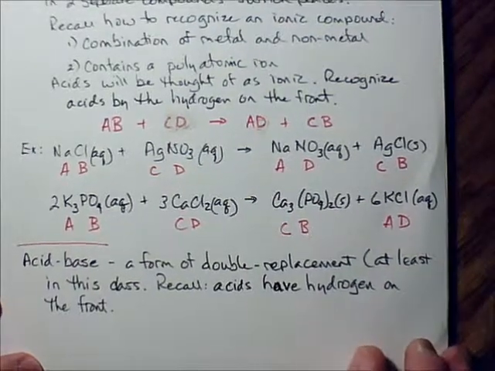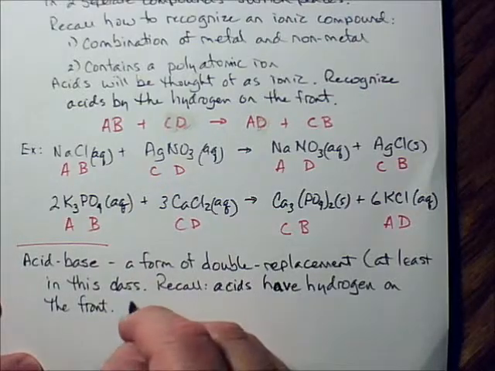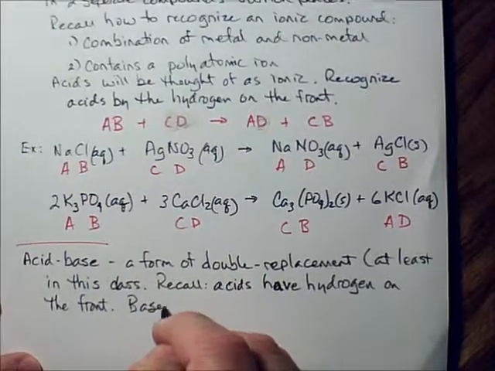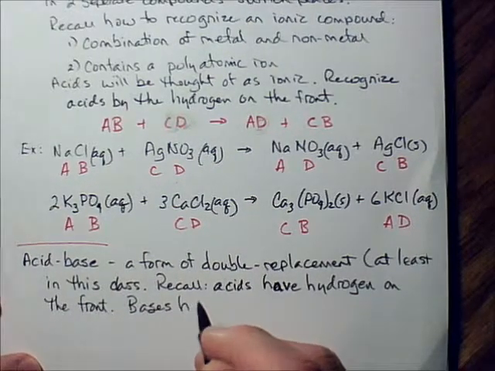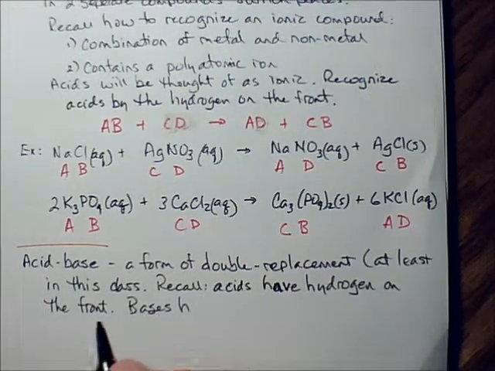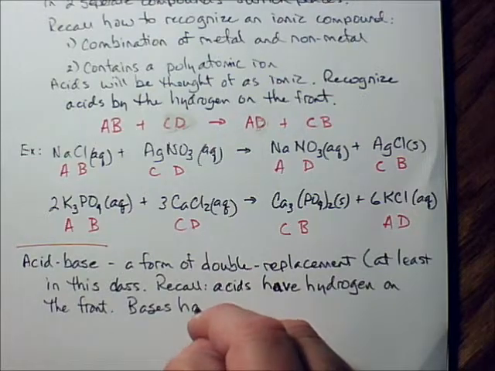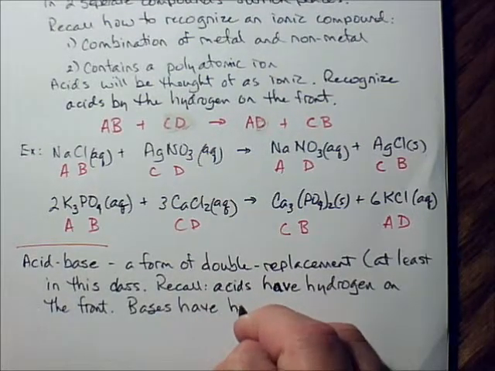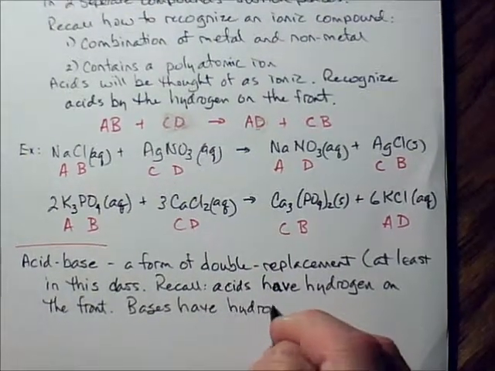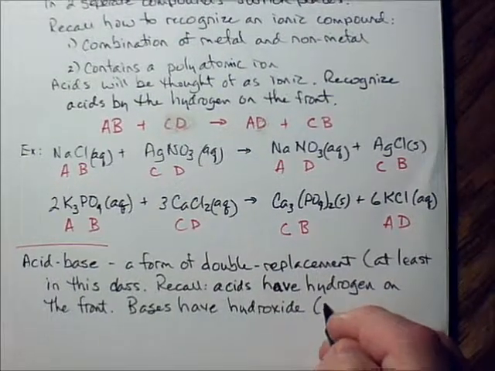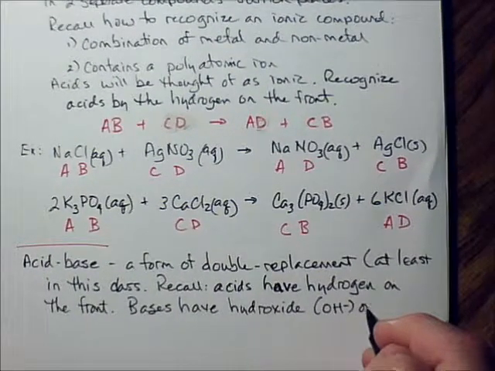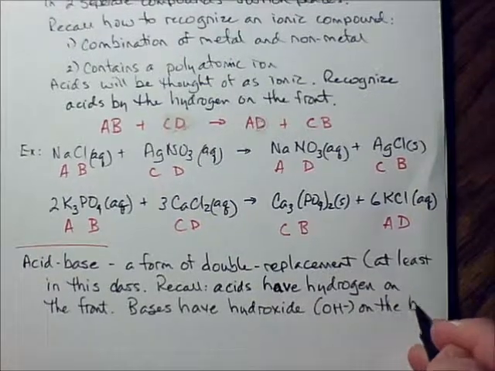We haven't yet talked about the fact that bases, at least the simple bases we're going to talk about at this point in time, have hydroxide, that's OH negative, on the back.